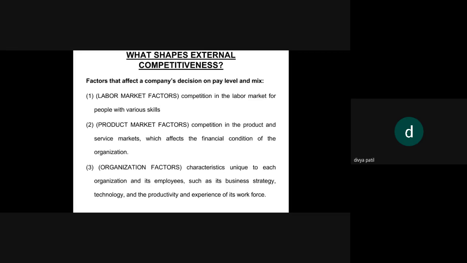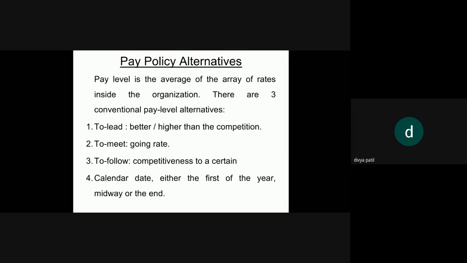So all of these have to be considered: business strategy, technology, the productivity of the workforce, and the experience they have in the form of skill on the job. Altogether, these organizational factors affect the competitive position in the market compared to the competitors. Fine. Okay.